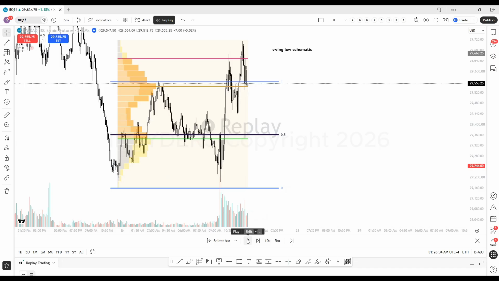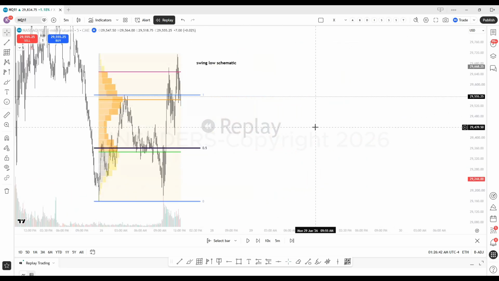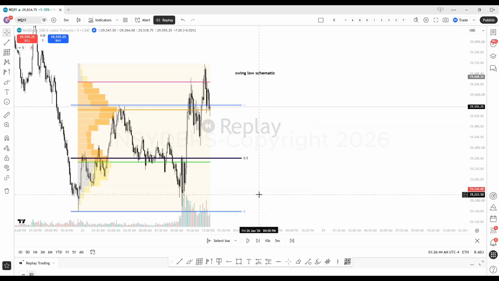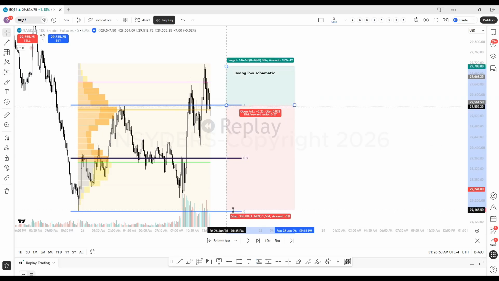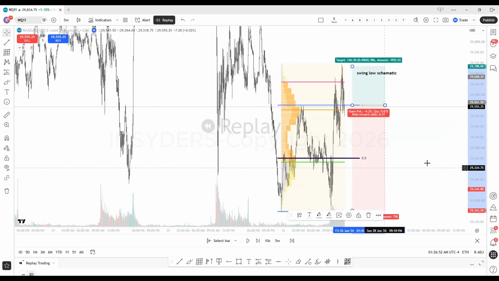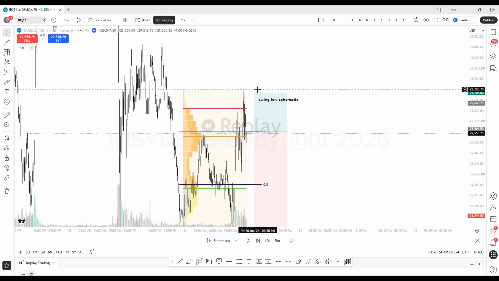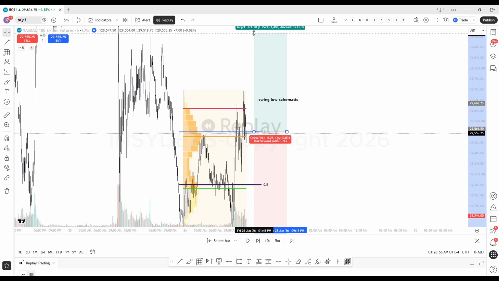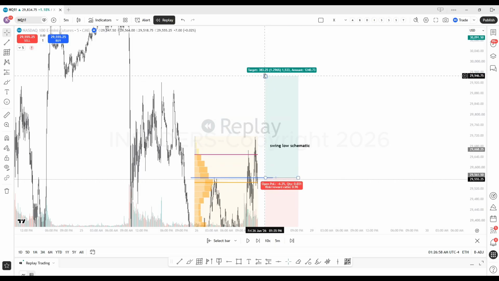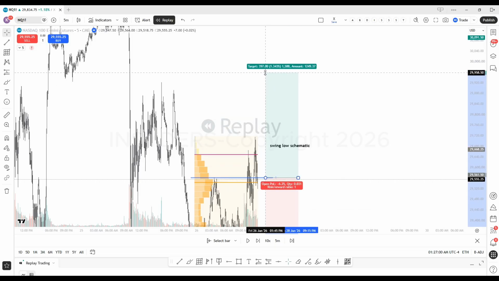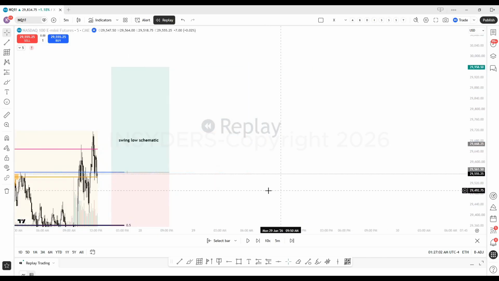So now that we've shifted the pressure, what would we be looking for? We would be looking for longs. So how do we even do that? We place it over the schematic, 1-to-1. It's a big boy, 389 points, something like that.